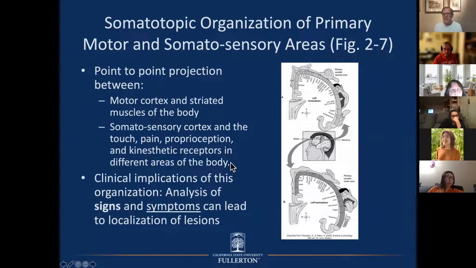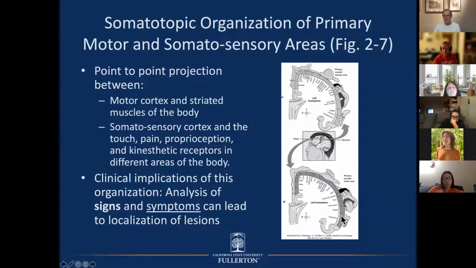And your question, what was the question on the homunculus? What left primary motor area for control of the face? So where is the motor area for control of the face? Well, it is going to be in the precentral gyrus because that's for motor control. And as far as what part of the precentral gyrus, this is a coronal section through the precentral gyrus. Well, I think this is motor down here.